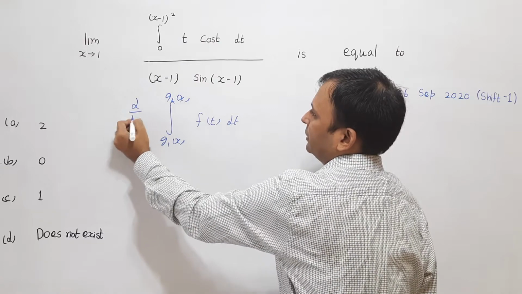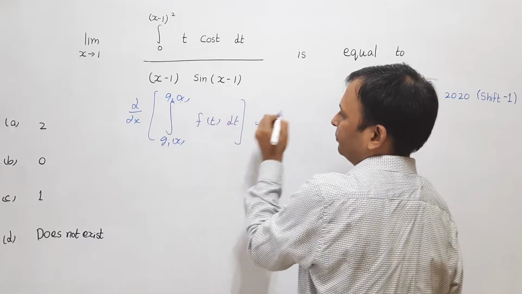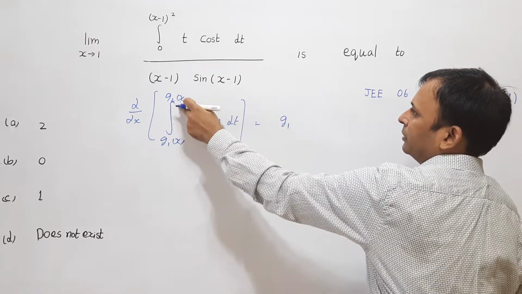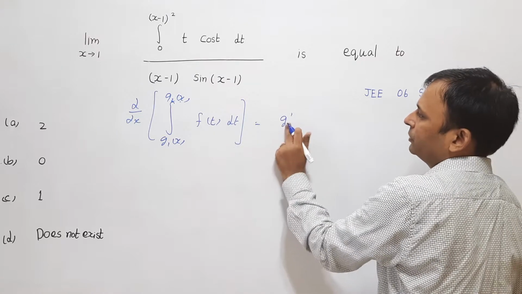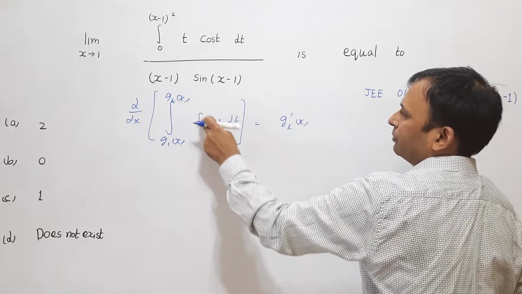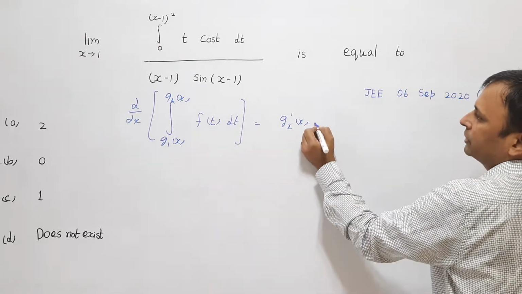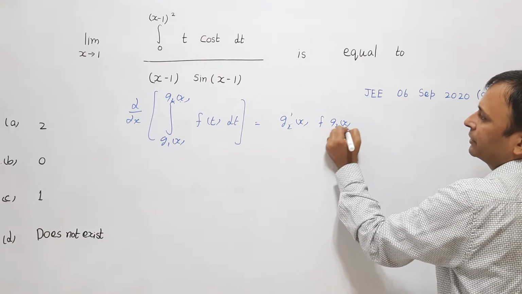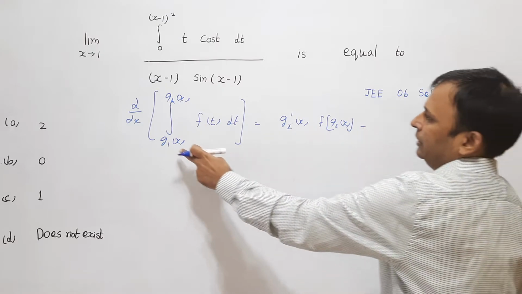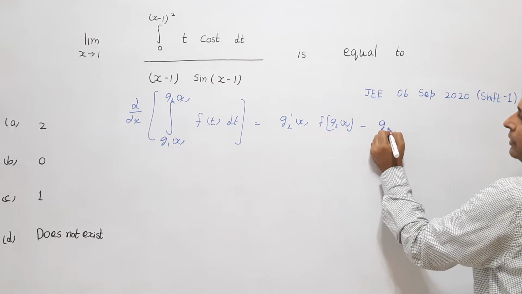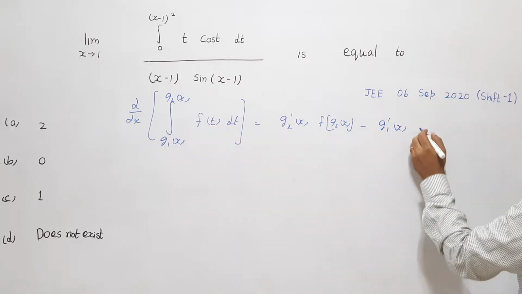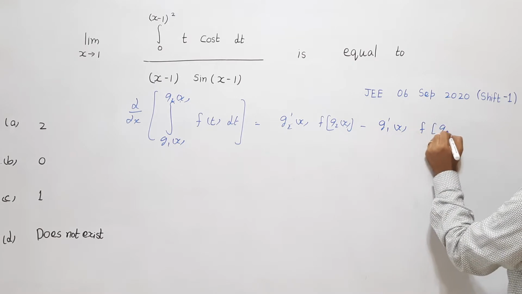It is given by the derivative of the upper limit, g2 dash of x, multiplied by the composite function f of g2(x), and the same thing I will do for the lower limit. So minus the derivative of the lower limit, g1 dash, multiplied by f of g1(x).